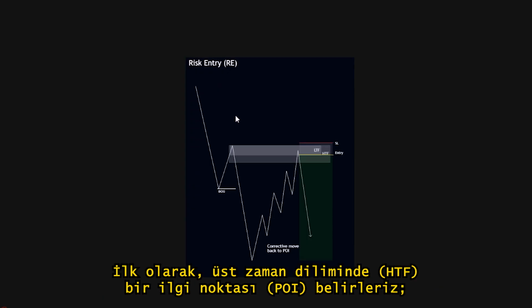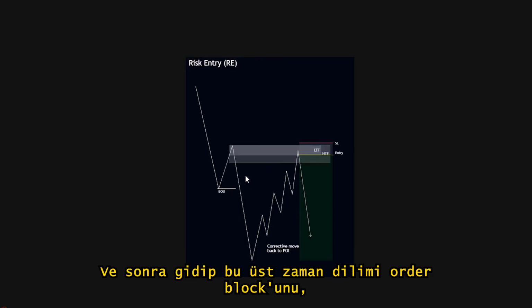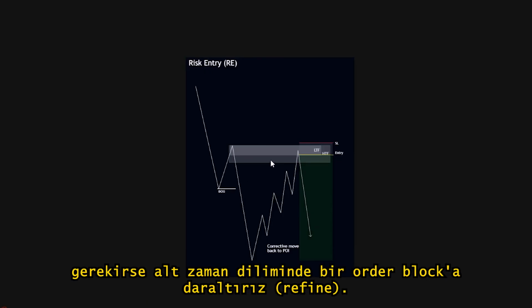First of all, with the risk entry, what do we do first? We identify a point of interest on the higher time frame, which would be your level of supply in this case, since we are looking at downward momentum here. Then we refine this higher time frame order block to a lower time frame order block if it is necessary.